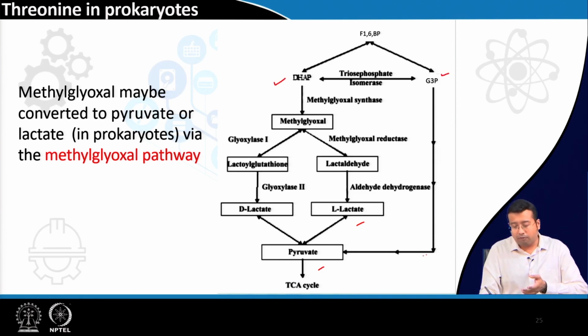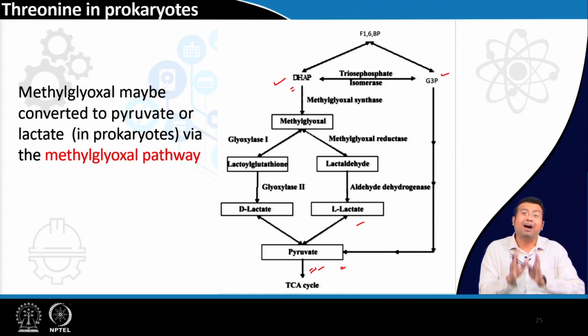Normally, glyceraldehyde 3-phosphate can undergo glycolysis to form pyruvate, but whenever there is an excess of phosphate in the system, it triggers this pathway where the methyl glyoxal pathway takes off, and it converts this intermediate of glycolysis to pyruvate without the production of ATP.